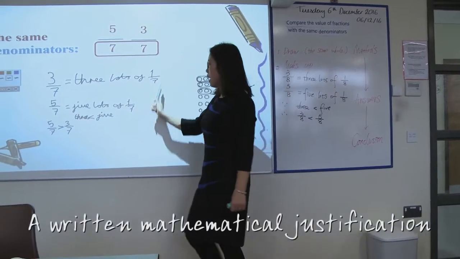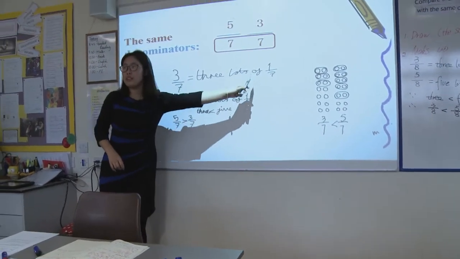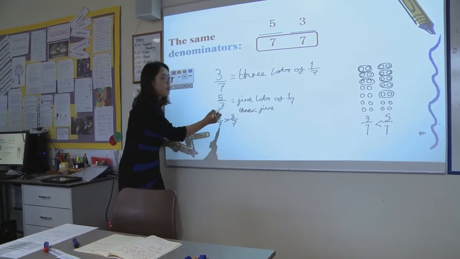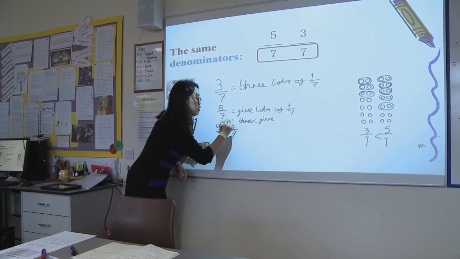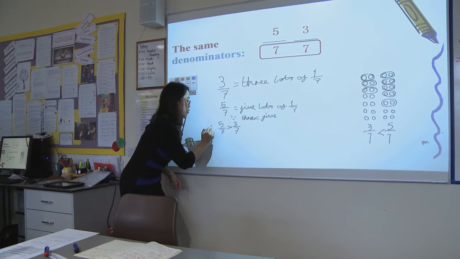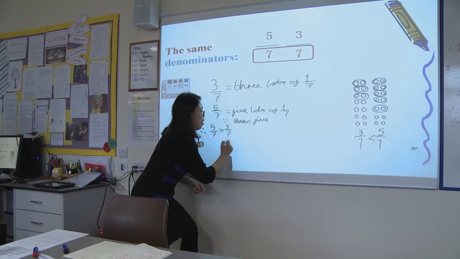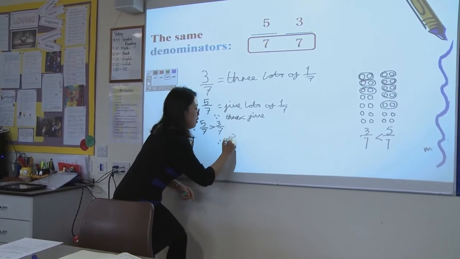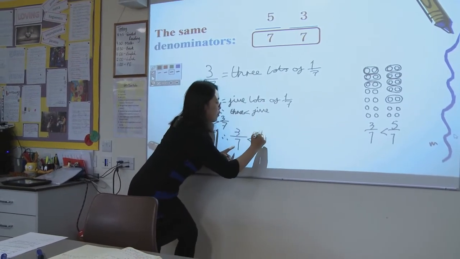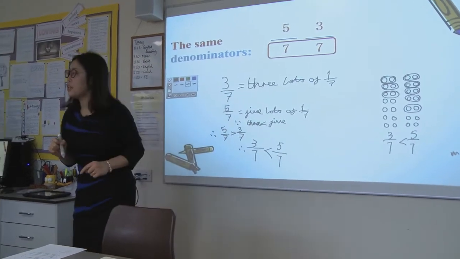Okay, write something. 3 sevenths equal to 3 lots of 1/7. 5 sevenths equal to 5 lots of 1/7. Because 3 is less than 5, so 5 sevenths is bigger than 3 sevenths. Maybe I can also write 3 sevenths is less than 5 sevenths, right? Okay.